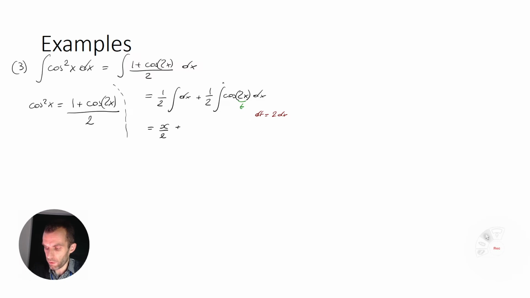And your integral here will give you the integral of cosine t dt over 2, which is 1/2 sine t plus a constant, or 1/2 sine 2x plus a constant. So putting everything together, we get x over 2 plus sine of 2x divided by 4 plus my integration constant.